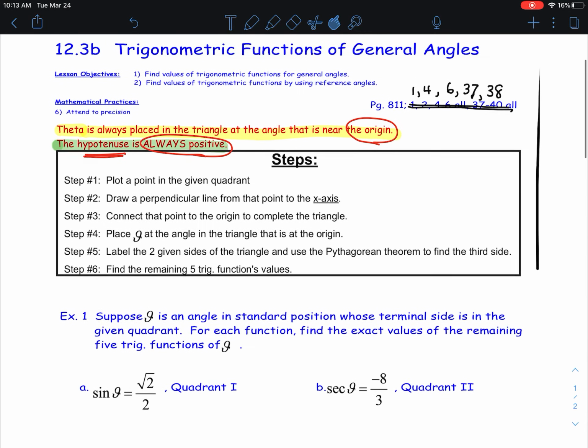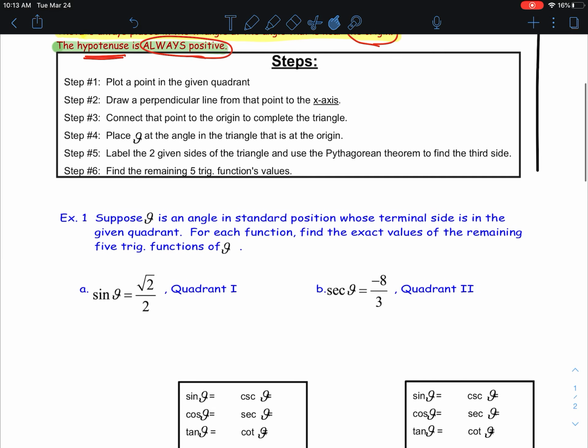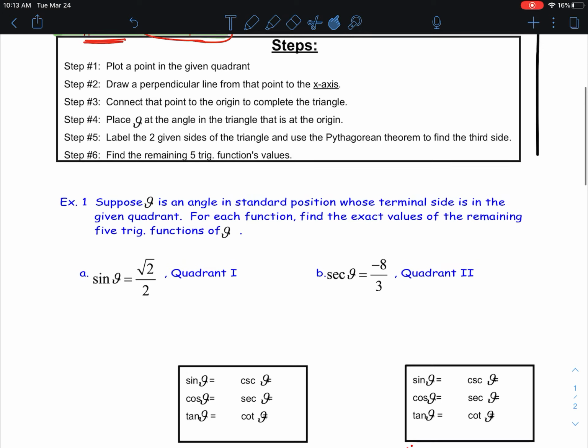So I've got some steps here to help us walk through these examples, and I'm going to reference these steps as we go, because when you read the actual problem, it sounds very complicated. It says, suppose theta is an angle in standard position whose terminal side is in the given quadrant.